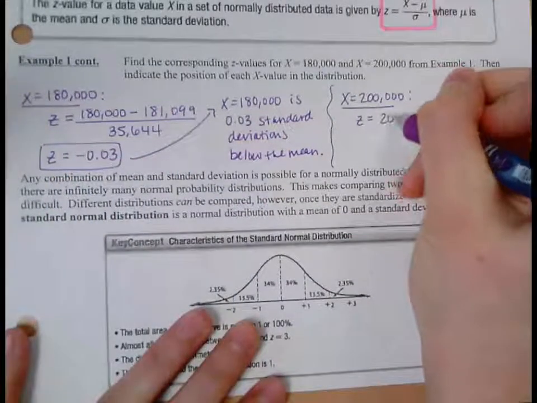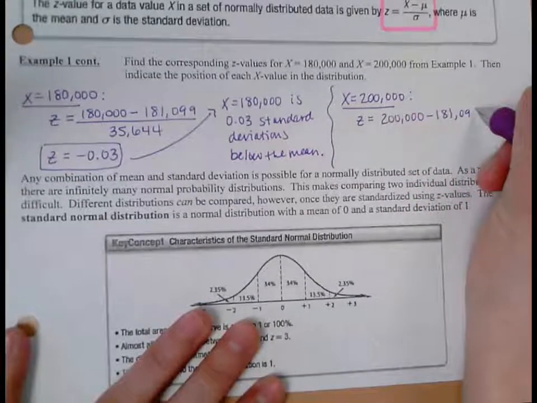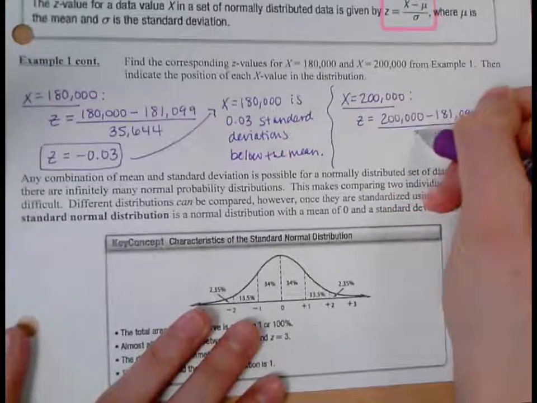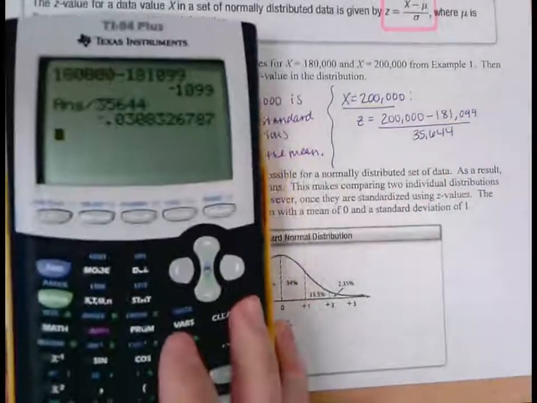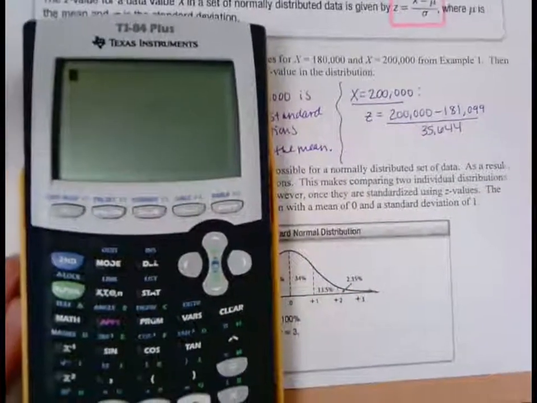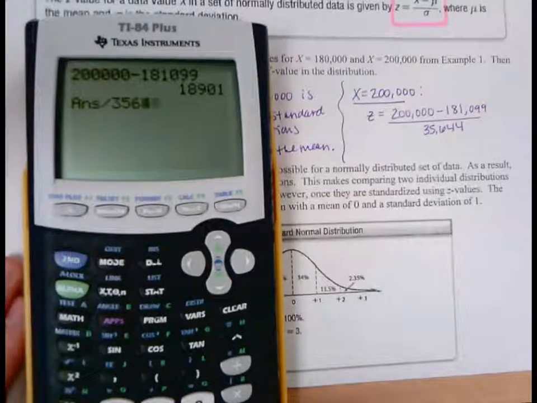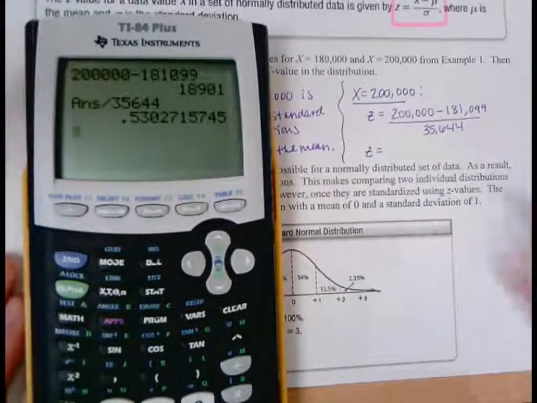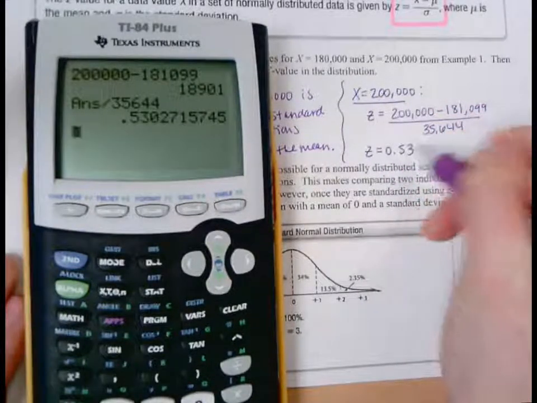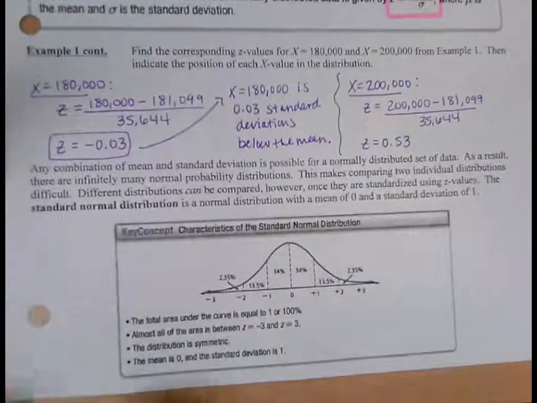So I would take 200,000 minus 181,099, all divided by 35,644. And so that z-value rounded to 2 decimal places is about 0.53 positive.